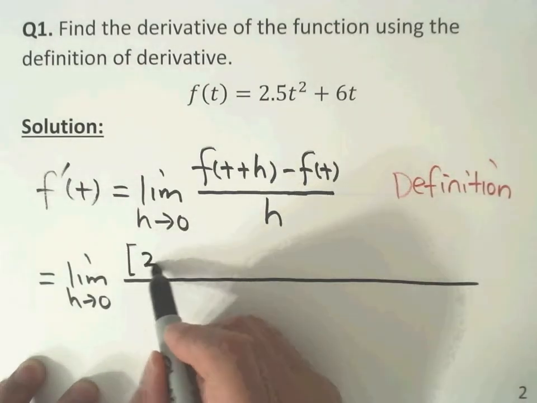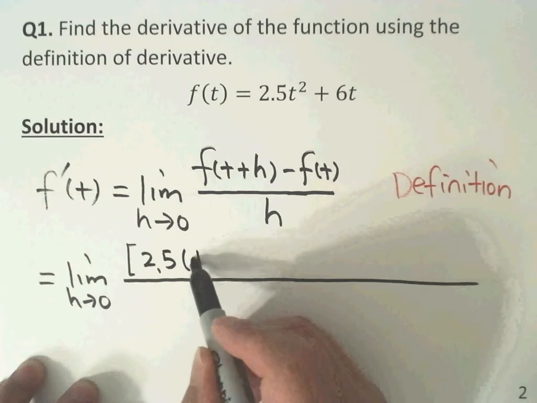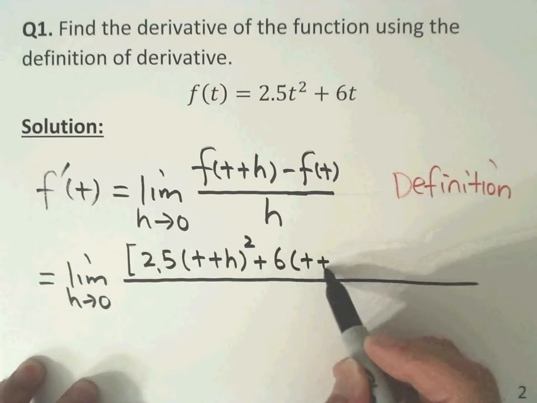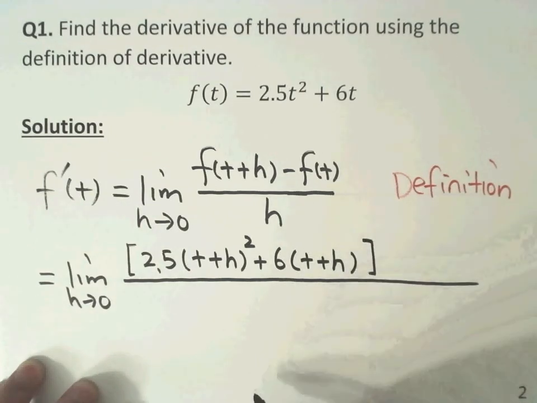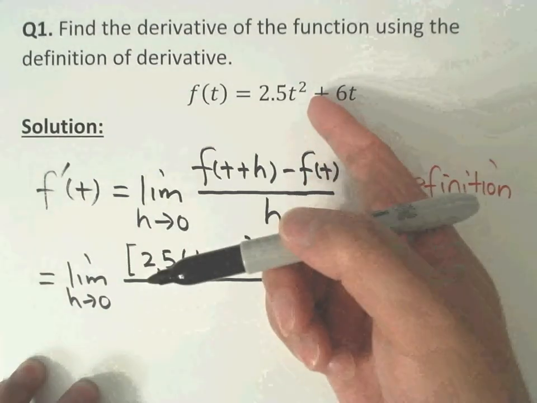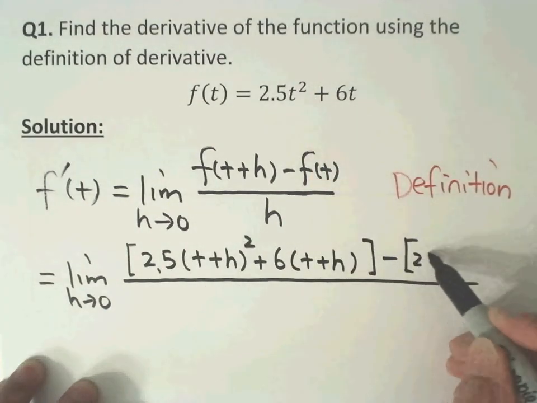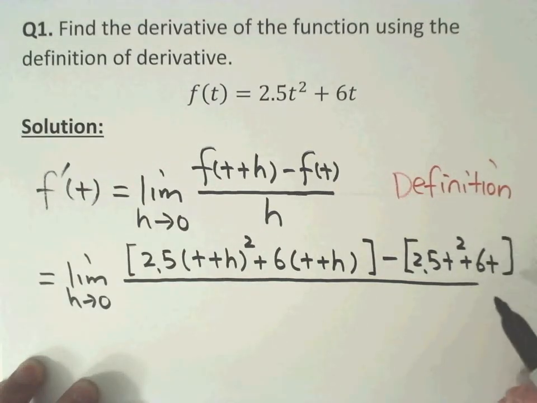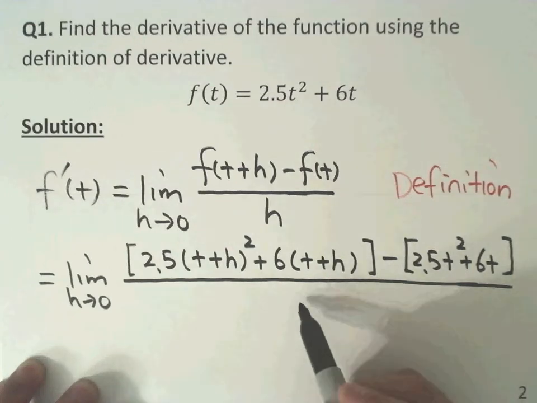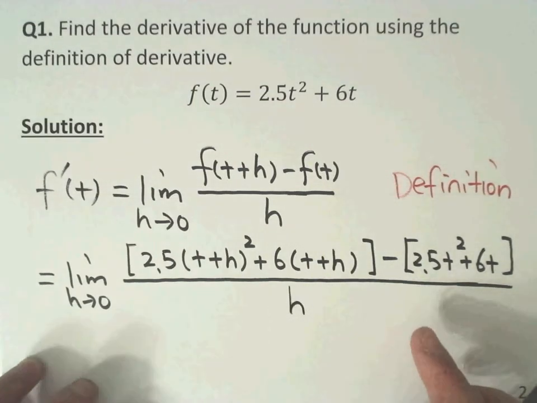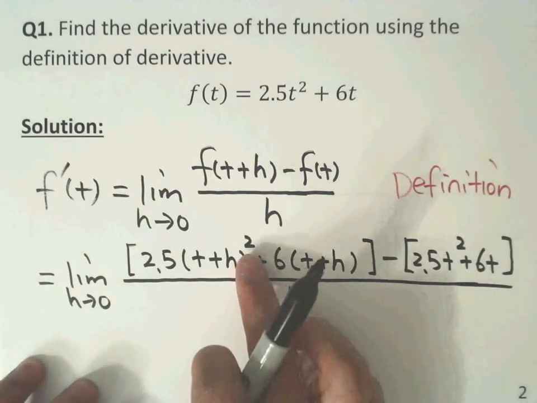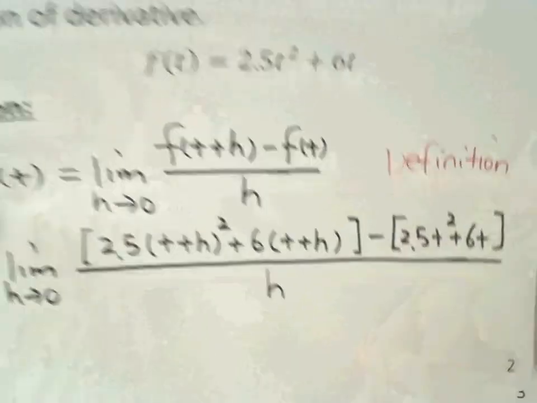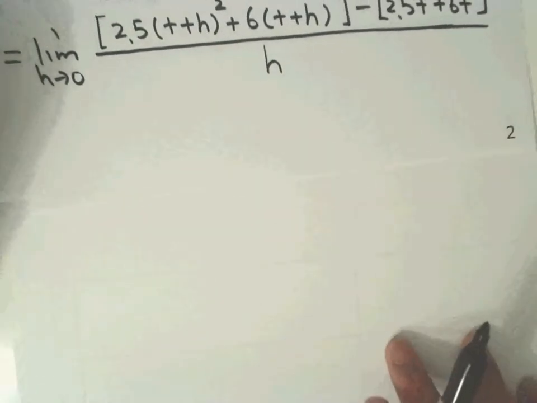So what do we have? 2.5 times (t plus h) squared plus 6 times (t plus h), minus f of t, which is 2.5t squared plus 6t. This is delta y on the top, and the bottom is h. We need to expand this power and combine like terms to simplify.